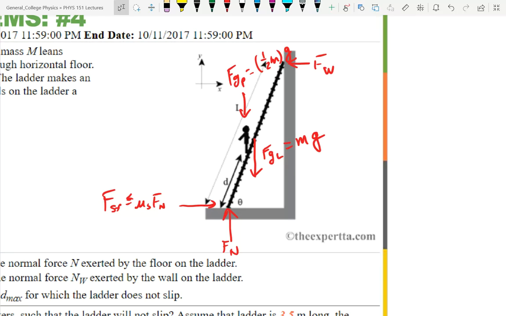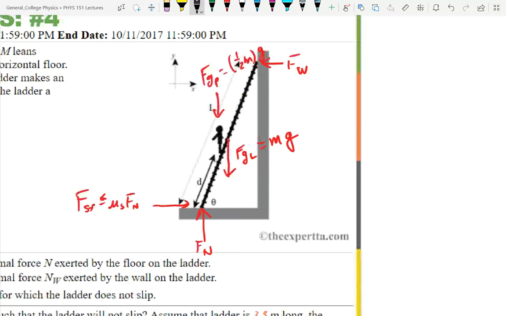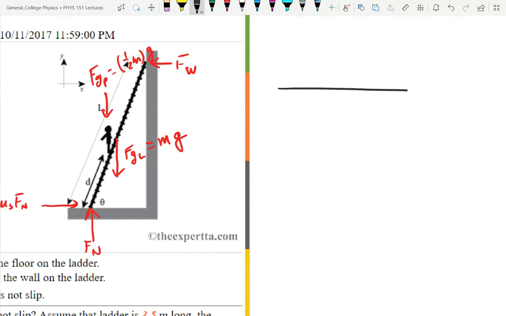Hopefully you go back to what we did when we worked these kinds of problems in lab a few weeks ago. We need to define component directions, which is done for us already. And then we need to break it into components. So I'm going to make X and Y directions.